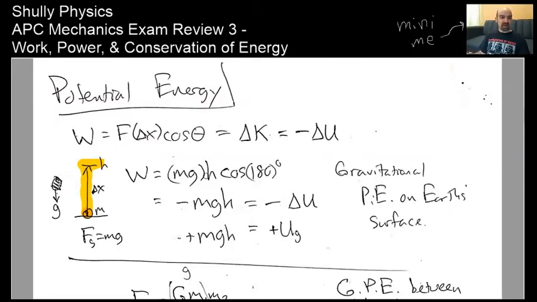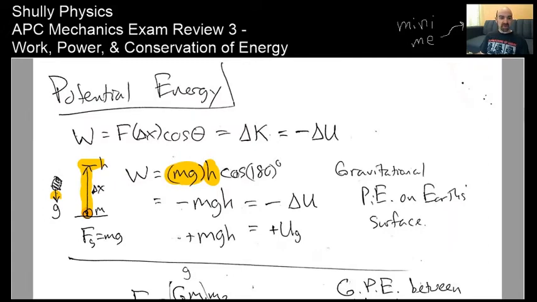So as I lift an object up, the work done is the weight times the height. That's the force times displacement. And cosine 180, yeah, so my displacement is upwards right here, but gravitational force acts down. So the angle between the force and the displacement is 180 degrees.